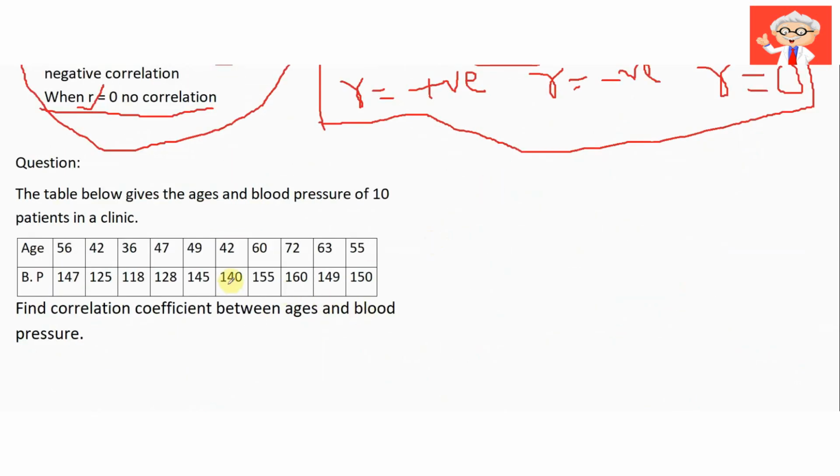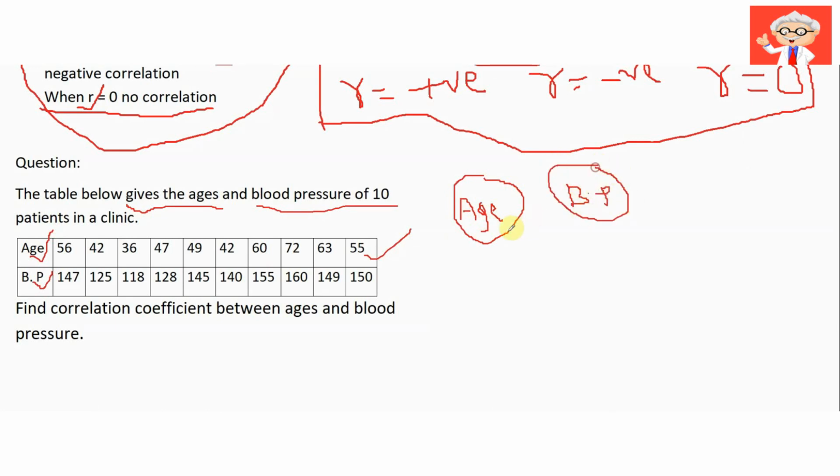Now we have a question: the table below gives the ages and blood pressures of 10 patients in a clinic. We have one column for age and another for BP, that is, blood pressure. Here we have to find the correlation coefficient between age and BP.